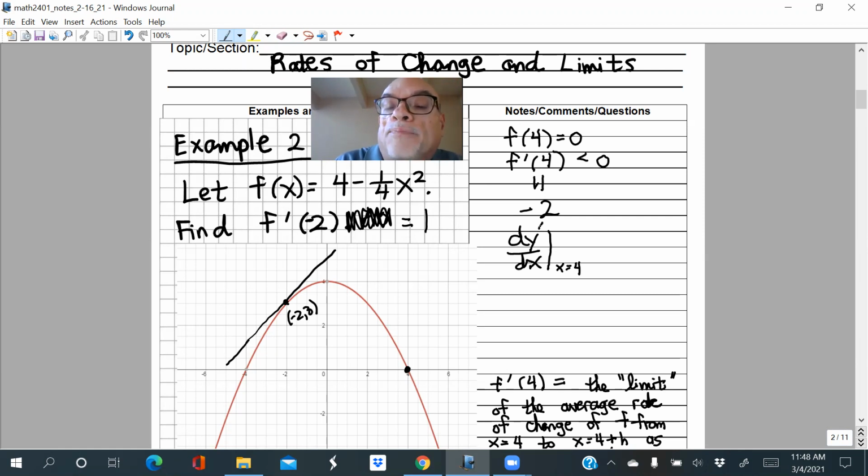So instead of f prime of 4, you could write dy over dx at x equals 4 like that, okay? You might sometimes see this notation. It is useful, even though it's a little bit cumbersome.